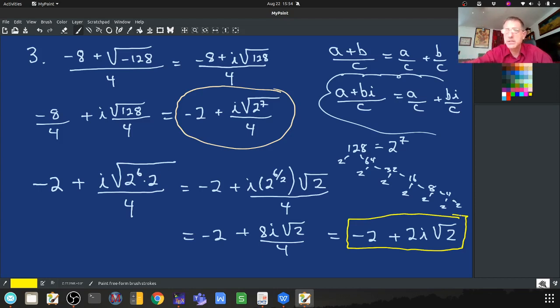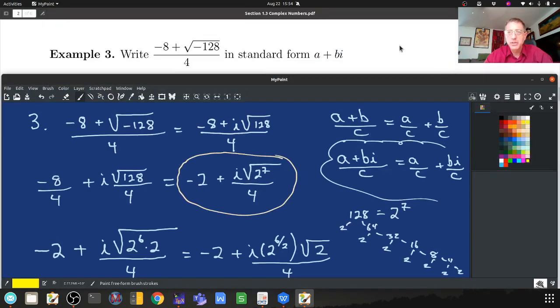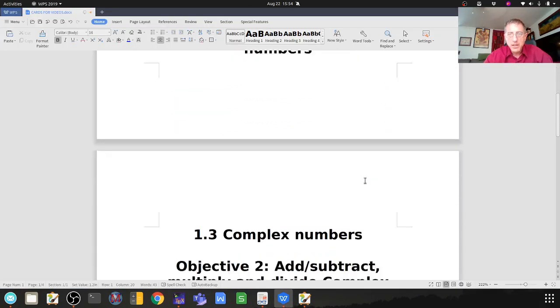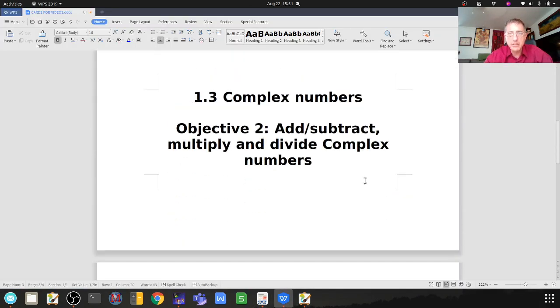Okay, so our next example, we get to add and subtract complex numbers. This is our second objective: adding and subtracting complex numbers, and also multiplying and dividing. Dividing looks really bad, but it's not.